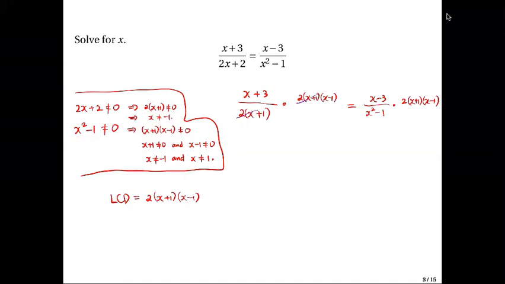On the right-hand side, we will be able to cancel x plus 1 times x minus 1 because that's just x squared minus 1. If we simplify this, you'll just have x plus 3 times x minus 1 on the left-hand side. On the right-hand side, you will have 2x minus 6.